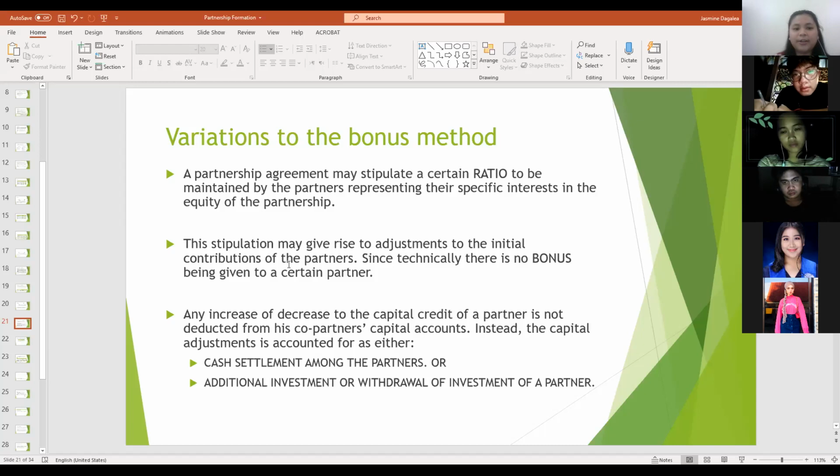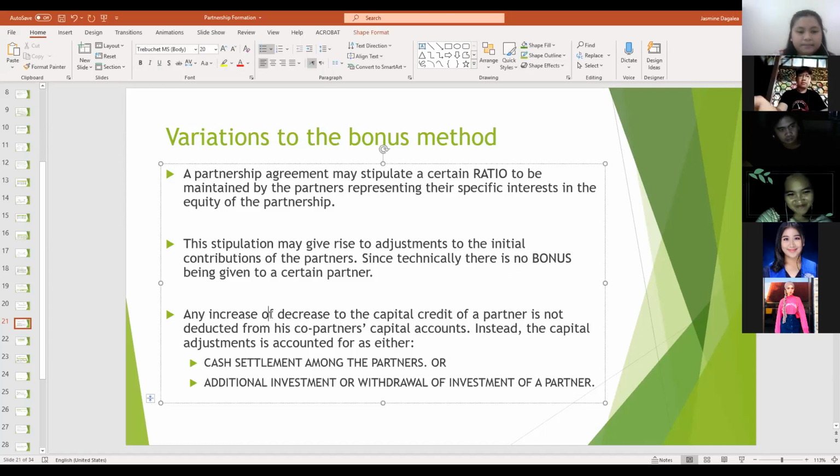This stipulation may give rise to adjustments to the initial contributions of the partners, since technically there is no bonus being given to a certain partner. So, same lang. Any increase or decrease to the capital credit of a partner is not deducted from his co-partner's capital accounts.